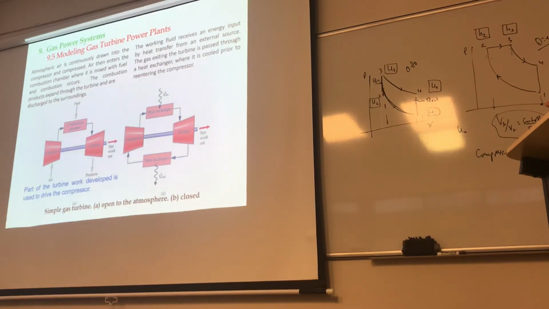Okay, that's the normal stuff. But here, this is the closed one. The working fluid receives energy input by heat transfer from an external source. The gas exiting the turbine is passed through the heat exchanger where it is cooled prior to re-entering the compressor.